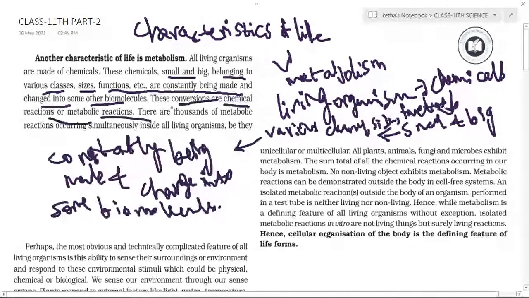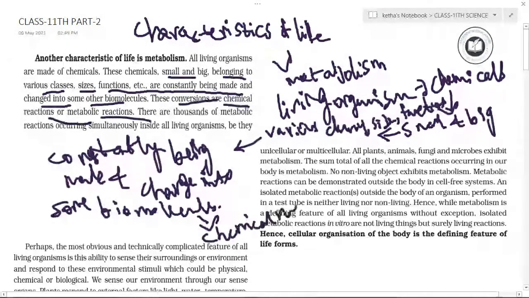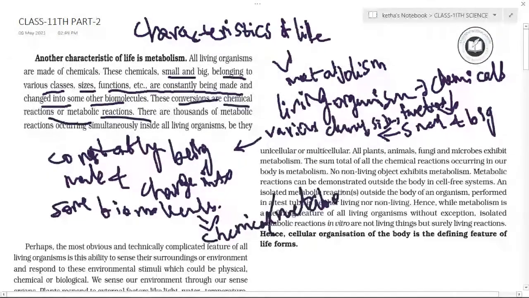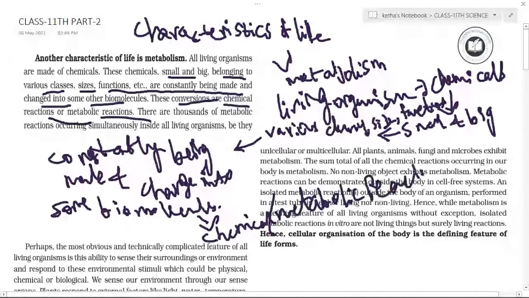So we can say that these conversions are a chemical reaction or a metabolic reaction. There are thousands of metabolic reactions occurring simultaneously inside all living organisms, be they unicellular or multicellular.